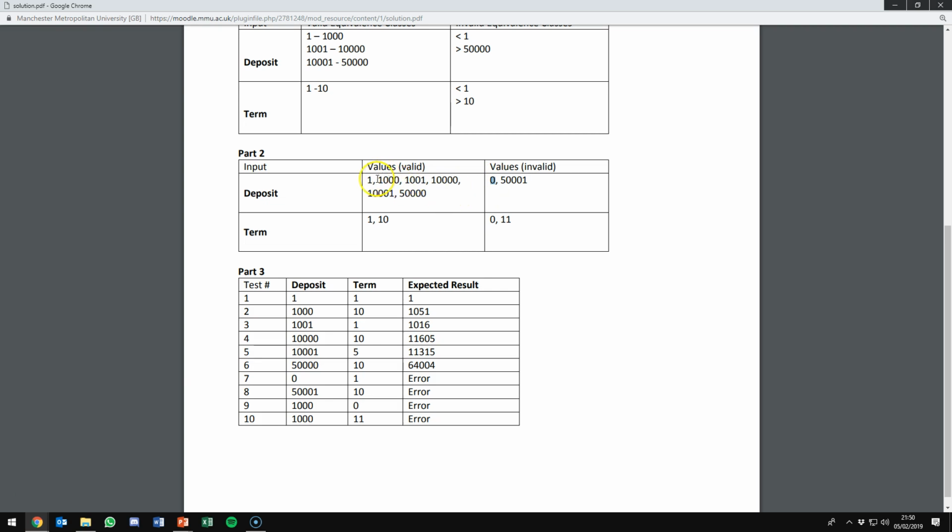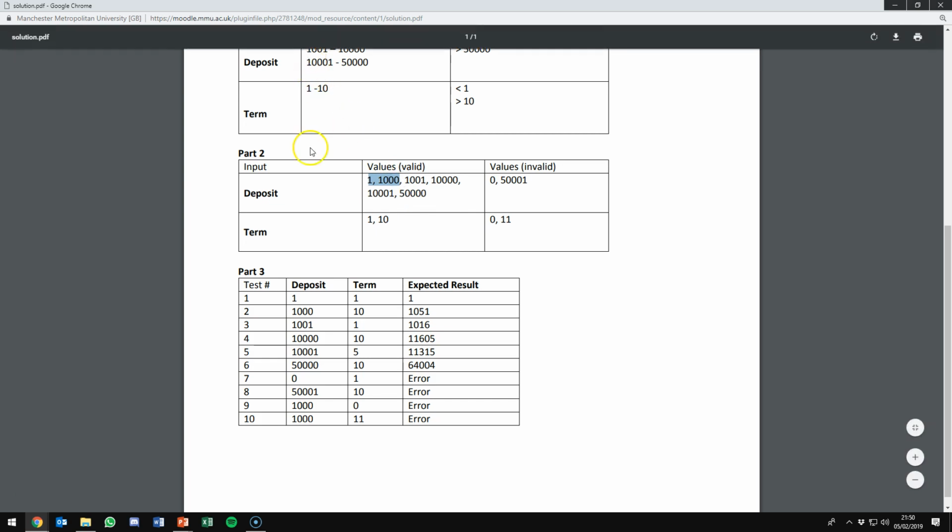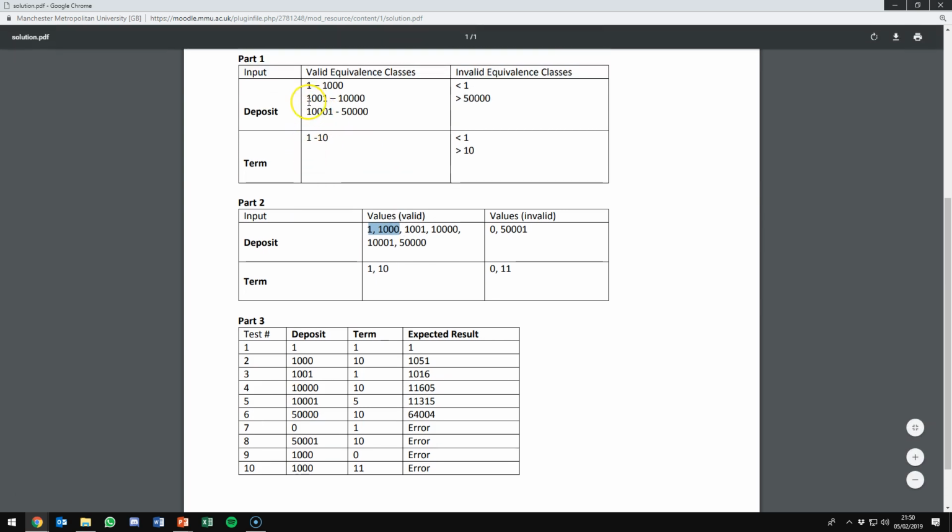And we know values such as 1,000, so those two are part of one equivalence class. So 1 to 1,000, and then 1,001 to 10,000 was part of the other equivalence class. And then 10,001 to 50,000 was the maximum they could deposit, and that's part of the final equivalence class.